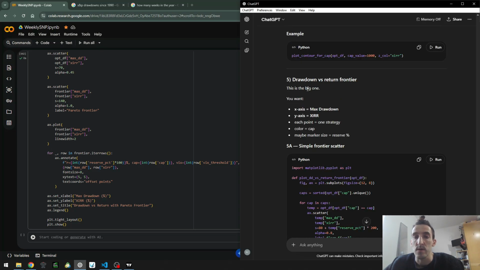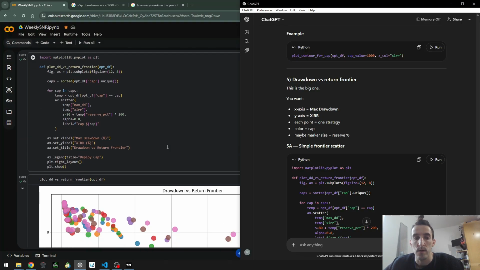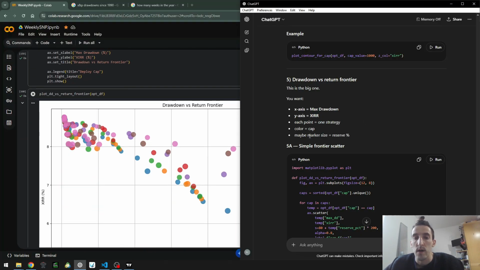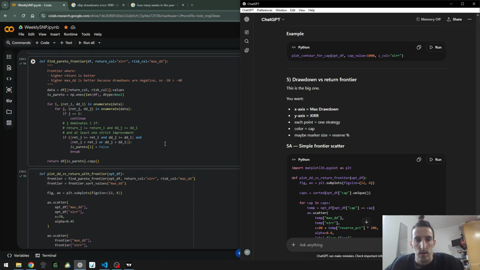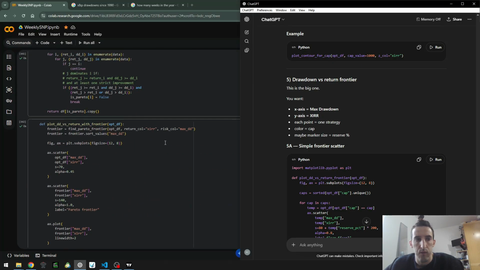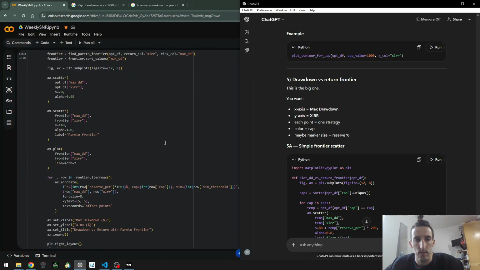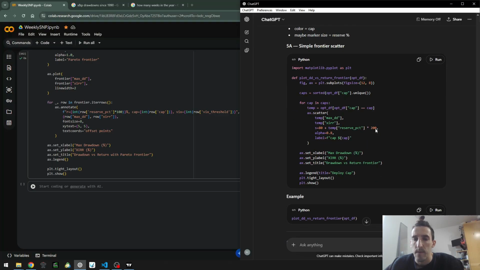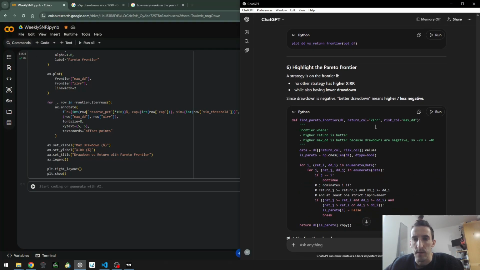Drawdown versus return, this is the big one. You want max drawdown, each point one strategy. Color, yeah, we did this. Color by cap, maybe marker size reserve equals reserve percentage. Marker size. What's happening here? Highlight the Pareto frontier.